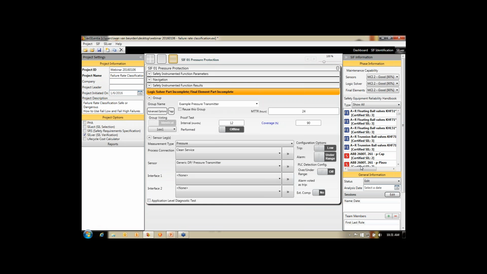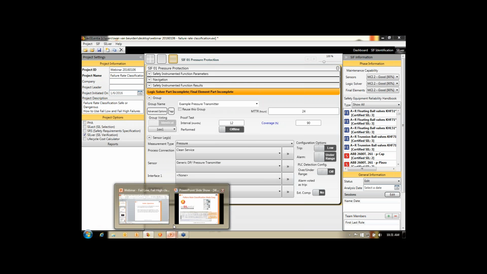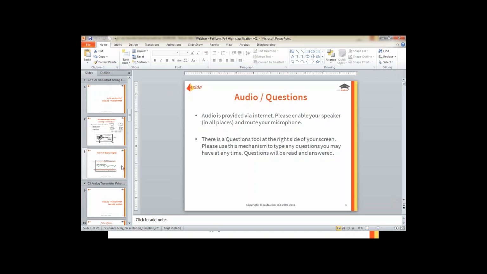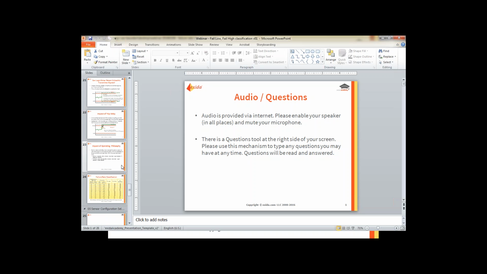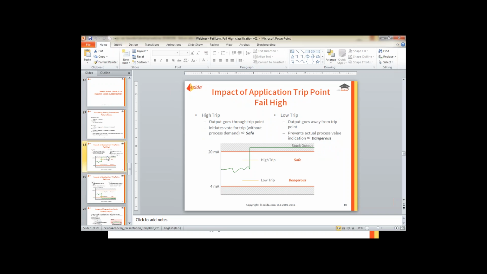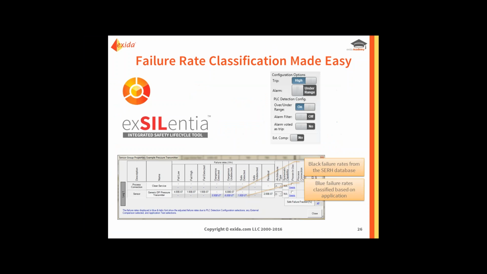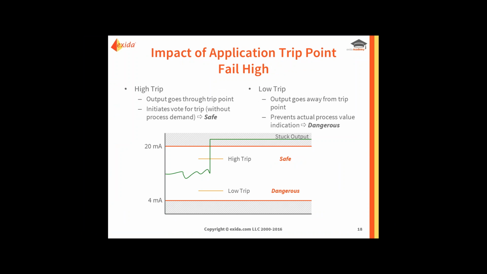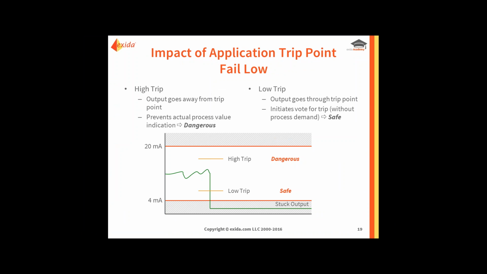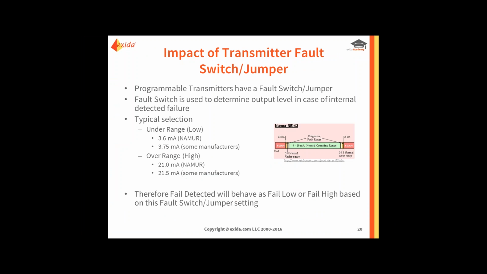So with that, we've basically covered, let me go to that slide real quick, how we classify the fail high failures, either safe or dangerous, the fail low failures, either dangerous or safe, and the fail detected failures, as a simple selection of operating options.